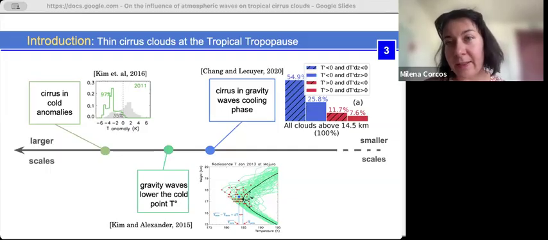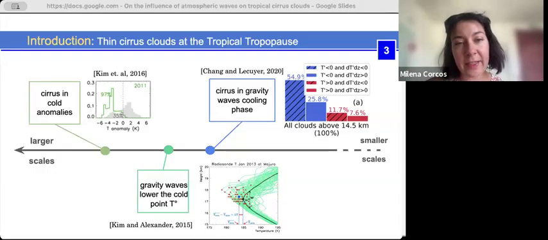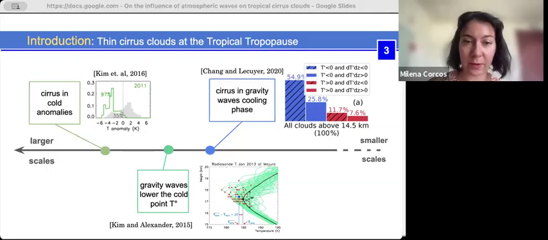At smaller scales, Chang and Lecuyer showed that cirrus are observed more frequently during the cooling phase of gravity waves, not just cold, but cooling. And finally, Kim and Alexander in 2015 demonstrated that gravity waves can significantly lower the cold point tropopause temperatures, directly influencing the likelihood of cirrus formation and also influencing the stratospheric water vapor.